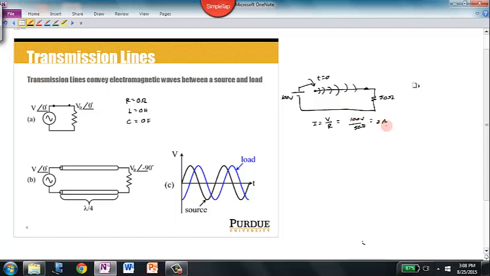It could actually be more than 2 amps. And the actual value of the current at any given time will depend on the constructive and destructive interference of the incident wave and then what's called a reflected wave. So as those two waves add together, the actual value of the current will be the summation of those two waves.